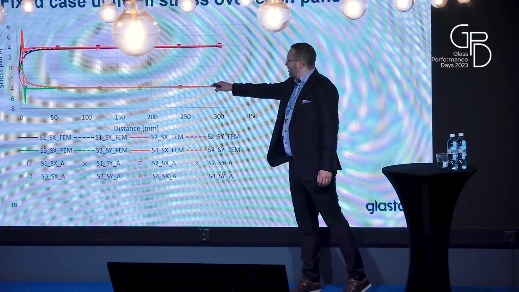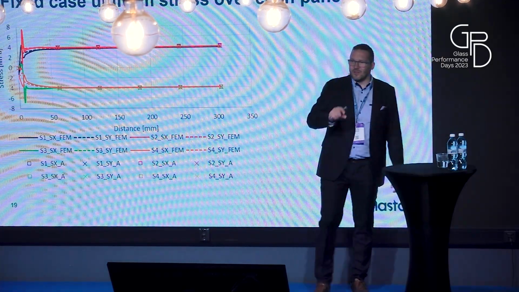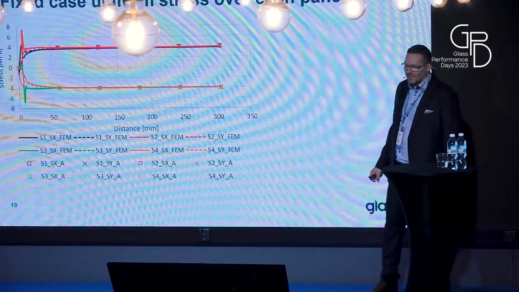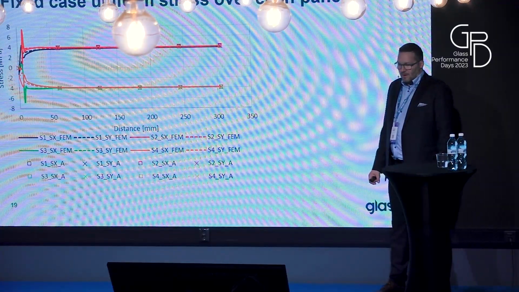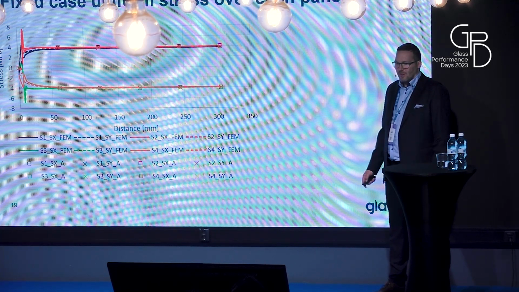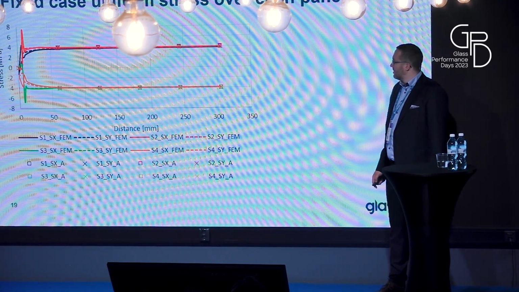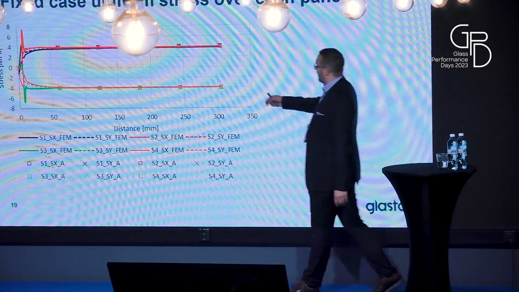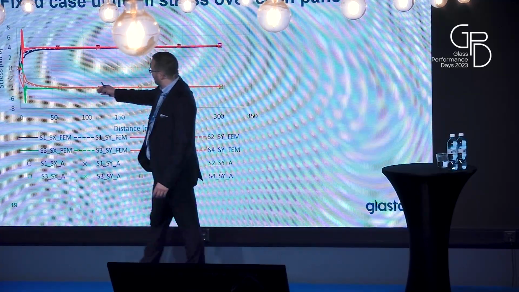Same thing for the hot pane. Stresses on the outer and inner surface of the hot pane are more or less the same, so there is no bending in the glass, and the stresses in the middle of the glass area are working really well.